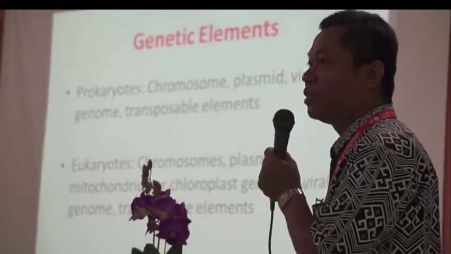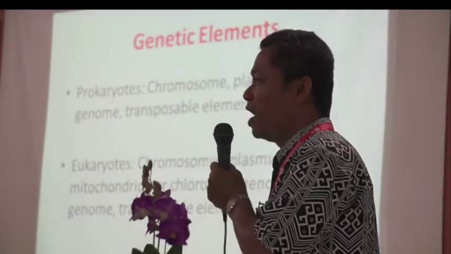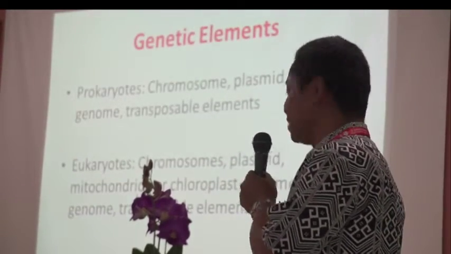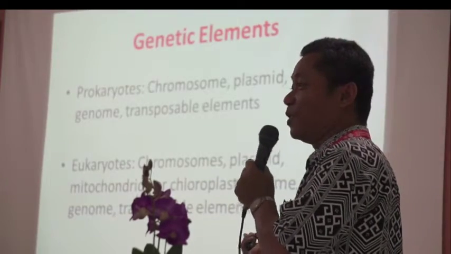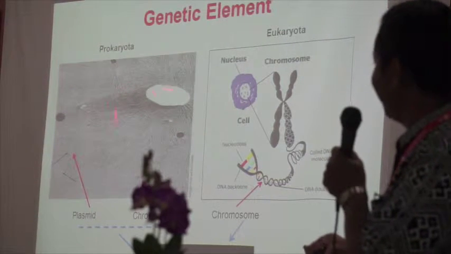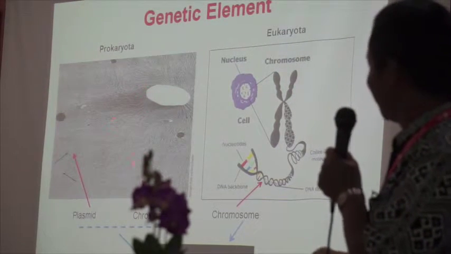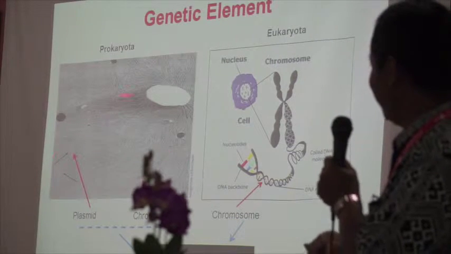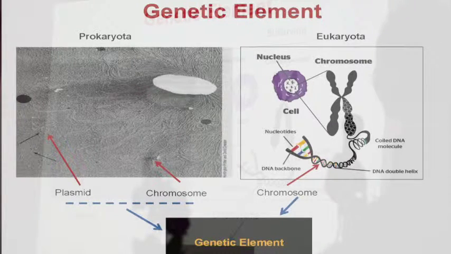And again, when we're talking about synthetic biology, we will start by understanding what the genetic element is. When we lyse this bacteria gently, the DNA will mix up with all of the cell contents. Also, when we observe the nucleus more deeply, there is what we call the chromosome.